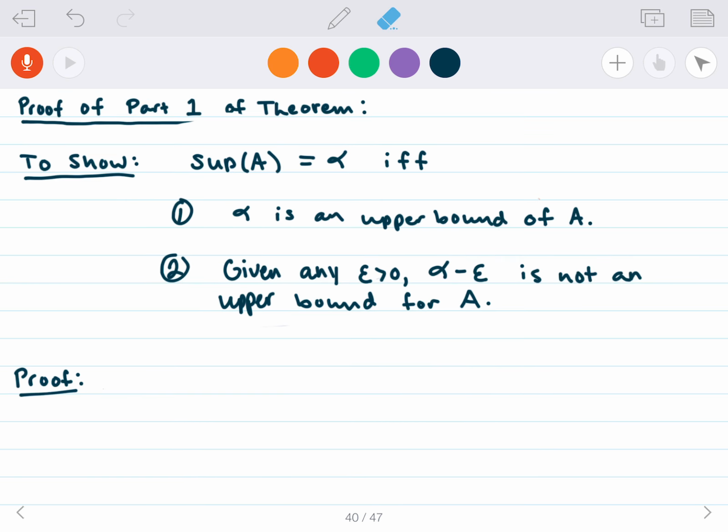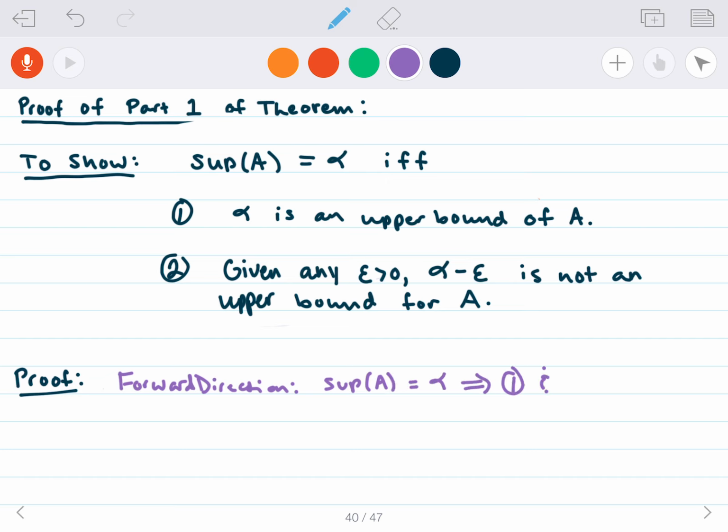So let's go ahead and prove part 1 of this theorem. So this is an if and only if statement. So we want to prove the forward direction and the backward direction. So for the forward direction, we want to show that the supremum of a set A equals alpha implies 1 and 2.